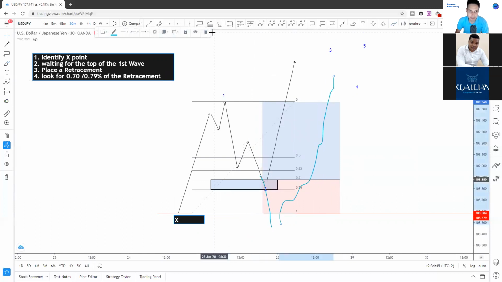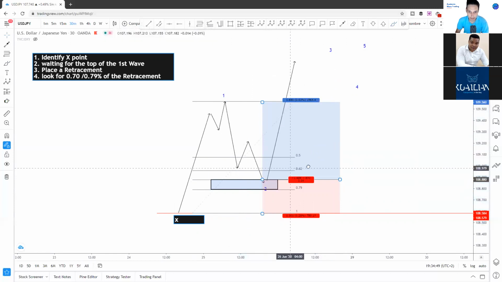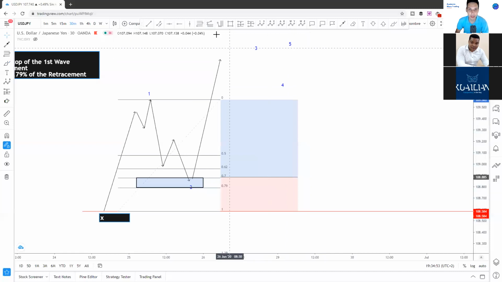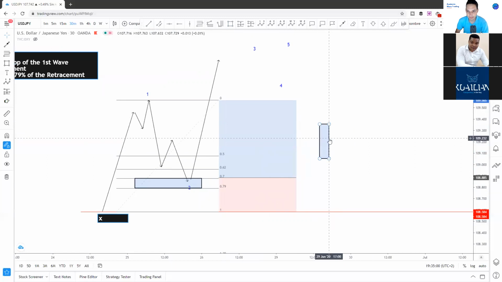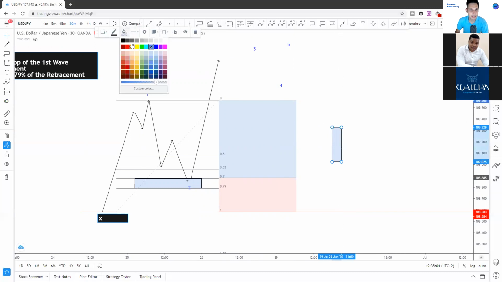Well, it's not perfect, but the thing here is just to wait for a 3-bar continuation pattern. The continuation pattern is very simple.